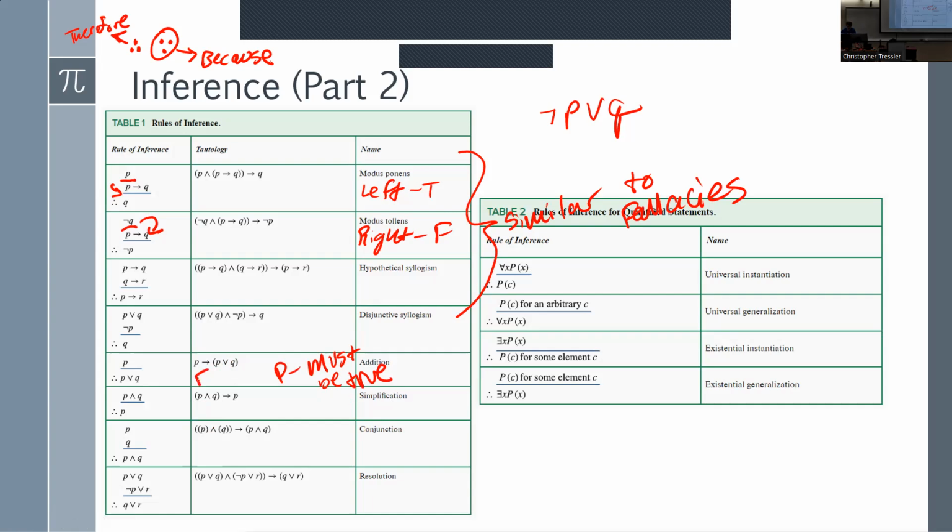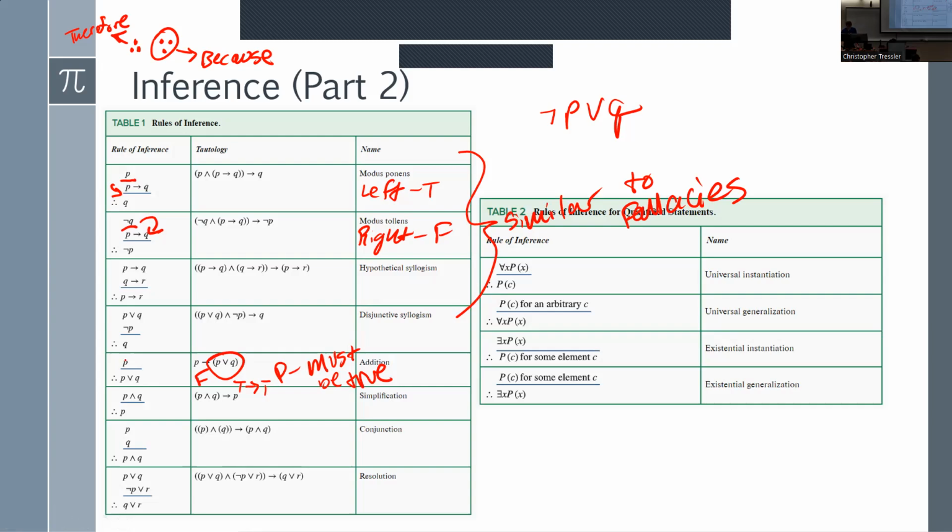If P is true, then P or Q is also going to be true, because P is true and it's an or statement. So it's true to true. And if P is false but Q is true, false or true still evaluates to true, hence why this is a tautology, no matter what.